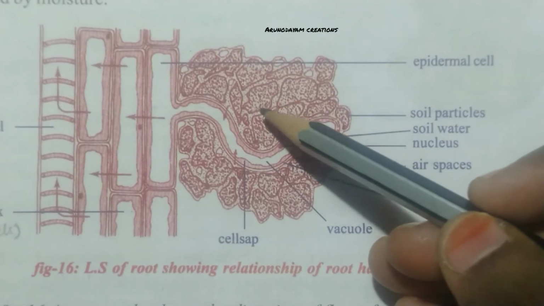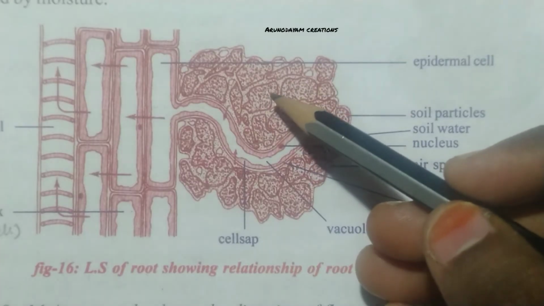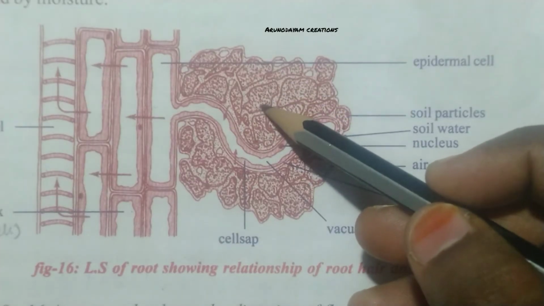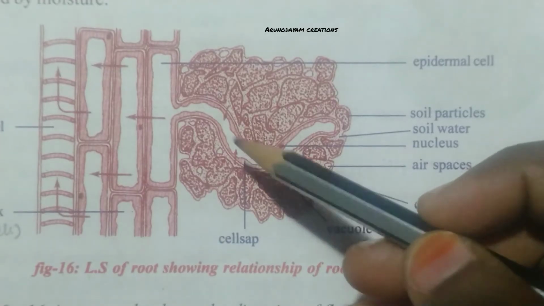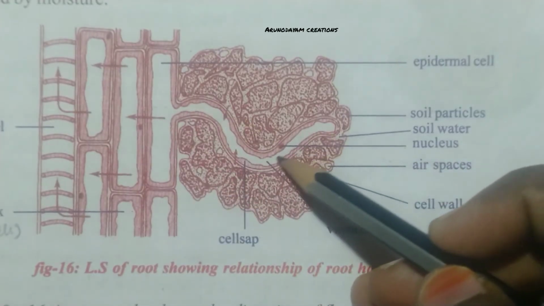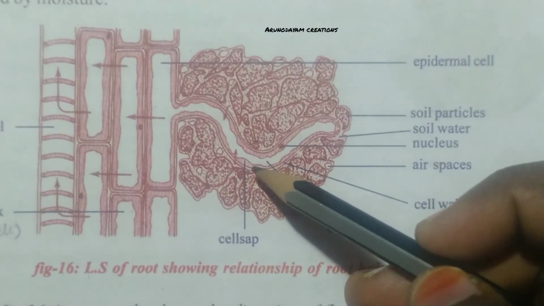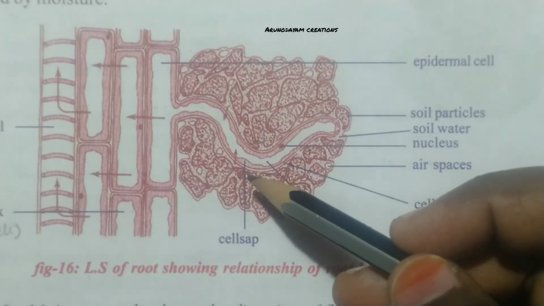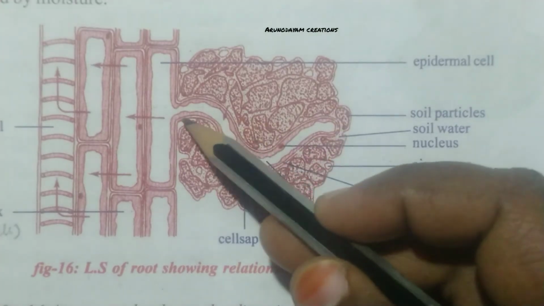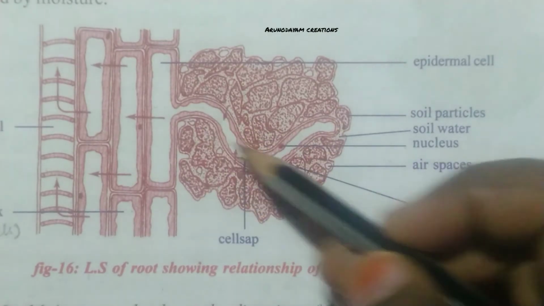If we compare the concentration of salts in soil with that of the root hair, see, this is the root hair. It contains a cytoplasm. We know that every cell has cytoplasm. Cytoplasm has a water content and salts in it. So root hair has also some concentration here.